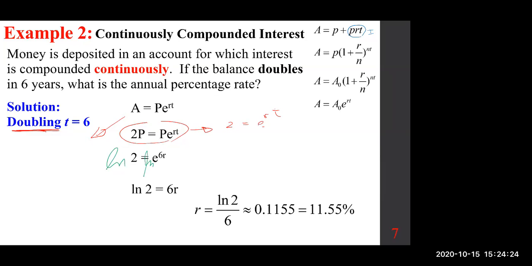Now, if I take the natural log of both sides, I get ln2 equals RT. So I want everybody to pay attention to what happened. I'm taking a natural log. If I solve for R, I get ln2 divided by T. If I solve for T, I get ln2 divided by R.